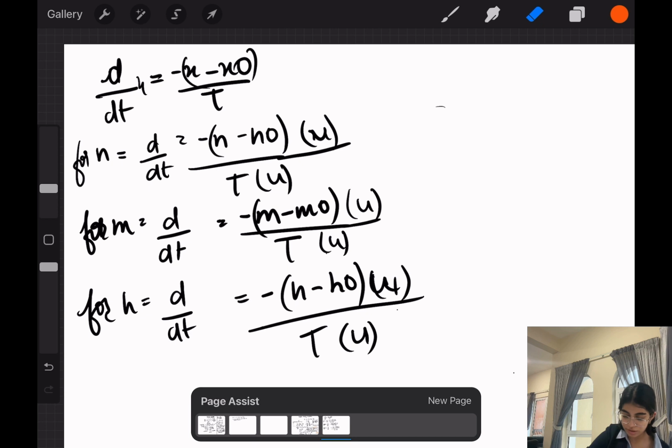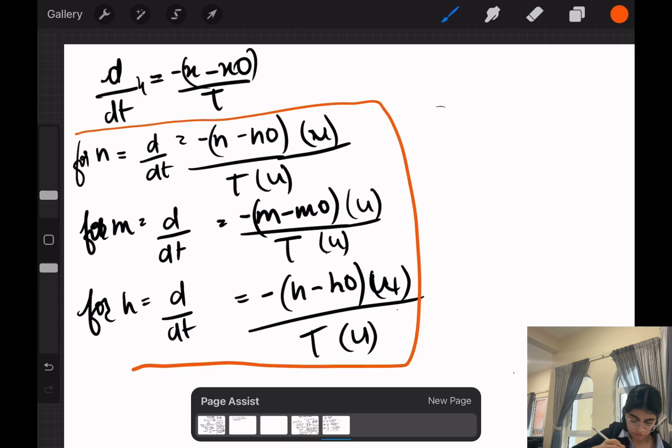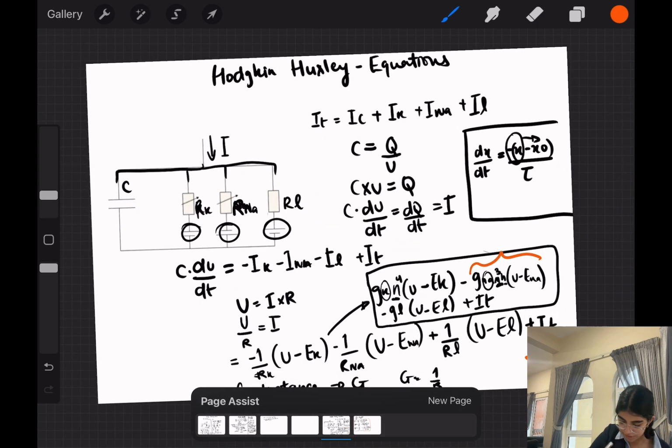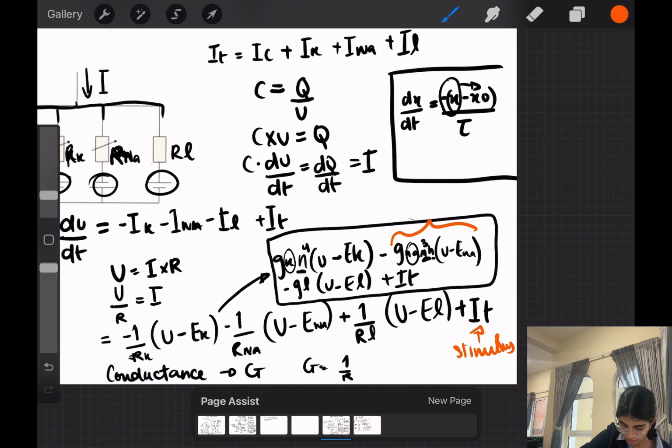These are the 3 equations for the gating variables, and this is the main Hodgkin-Huxley equation. And to this day, the Hodgkin-Huxley model, comprising the 4 equations, is used in modern areas of neuroscientific research. Thank you for watching my video.